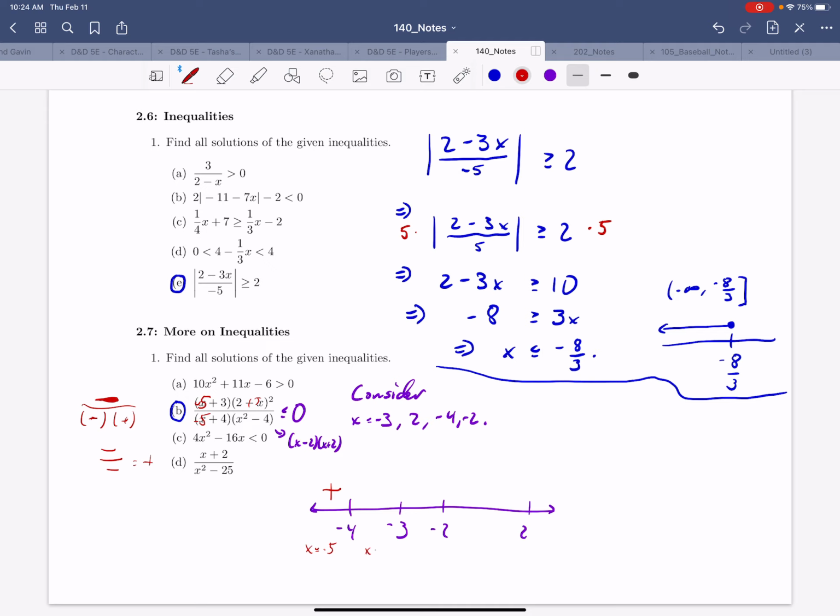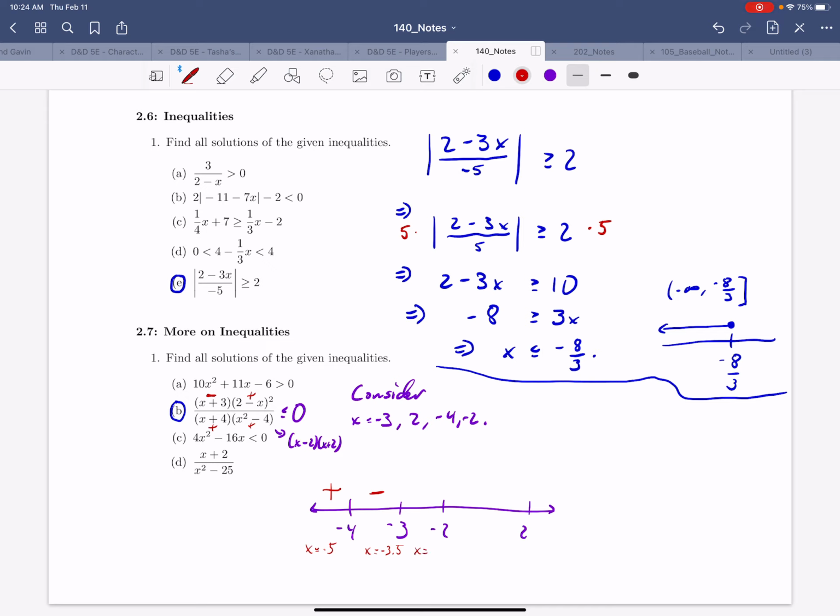Nothing really nice about this one. We have to plug in x equals something like negative 3.5. Let's see what that gives us. Well, this is going to be negative, positive, and that's always going to be positive, positive because 3.5 is a little bit less than 4, and positive. So this is going to be negative, because we get a negative divided by a positive.